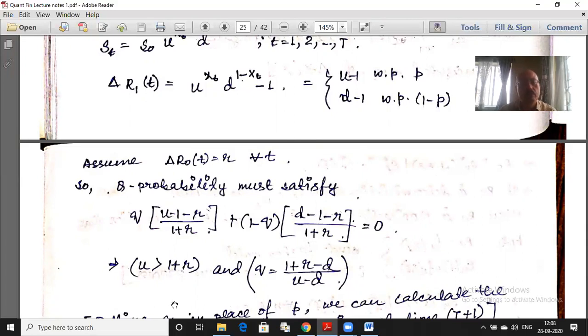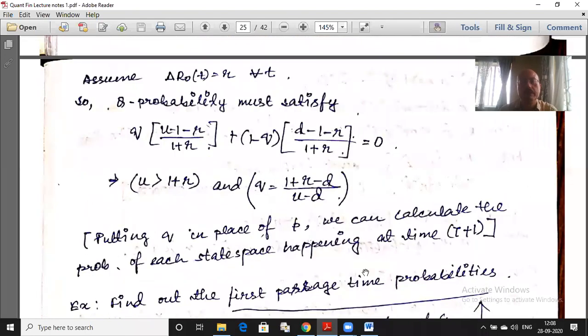Of course, the assumption is u must be greater than 1 plus r, which means in the up state, which is a good state, I must get more than the bank. Because if I get less than the bank, even in the good state, then obviously no one is going to invest in this stock. They will all go away. So the up step must be better than the bank. That's for sure. So under that assumption, the risk neutral probability can be easily computed in terms of the model parameters like this.